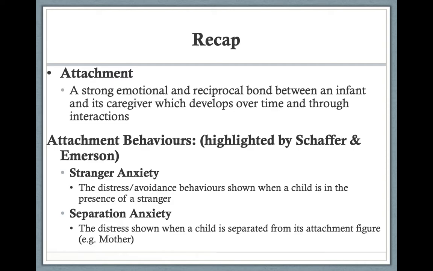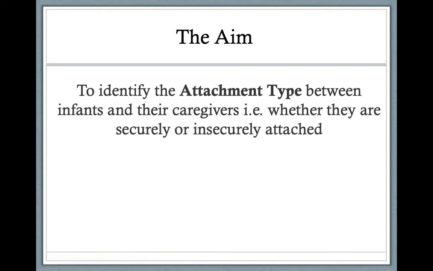And the sorts of behaviours that Ainsworth was looking out for, things like stranger anxiety and separation anxiety, those attachment behaviours were highlighted to us by Schaffer and Emerson towards the start of the topic. So stranger anxiety, looking at what the baby's reactions are when there's a stranger in the room, and then separation anxiety, so looking at whether they're distressed or not when the mother is separated from the child as well. So all of that sort of thing is going on during the Strange Situation.